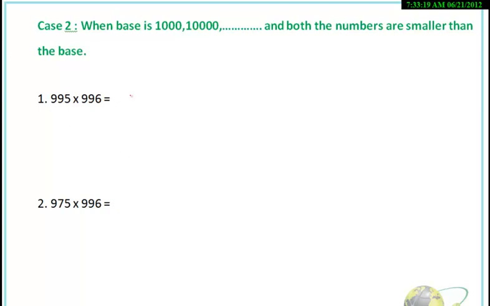It's 995 into 996. Now both the numbers are closer to 1000. So we will be having the base as 1000 over here. Now we'll be finding the difference of these numbers from 1000. So 995 is minus 5 from 1000 and 996 is minus 4 from 1000. Okay. Now with this multiplication, that is 5 into 4, 20, we have to fill up 3 digits as there are 3 zeros in 1000. In the previous case, we were finding out the difference from 100 and there were 2 zeros only.